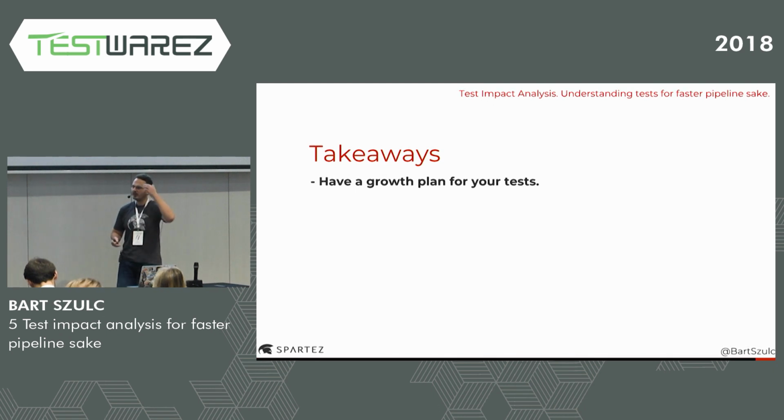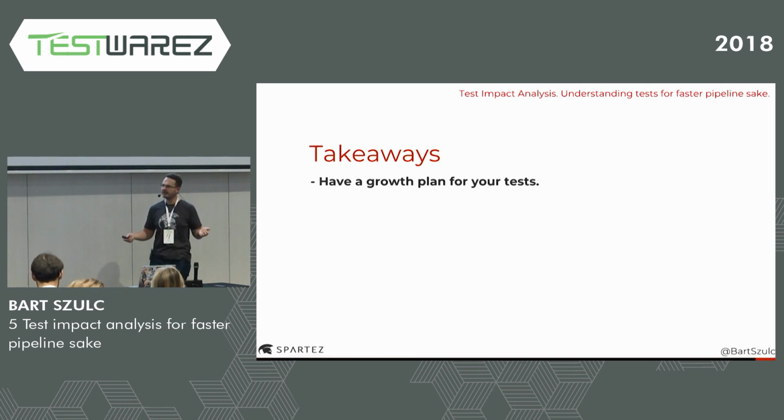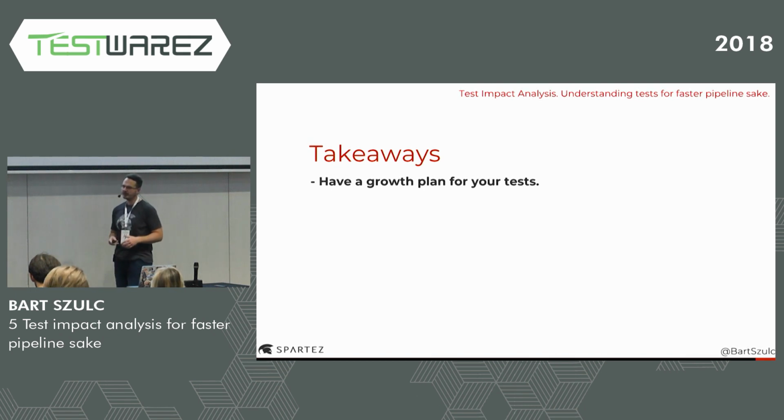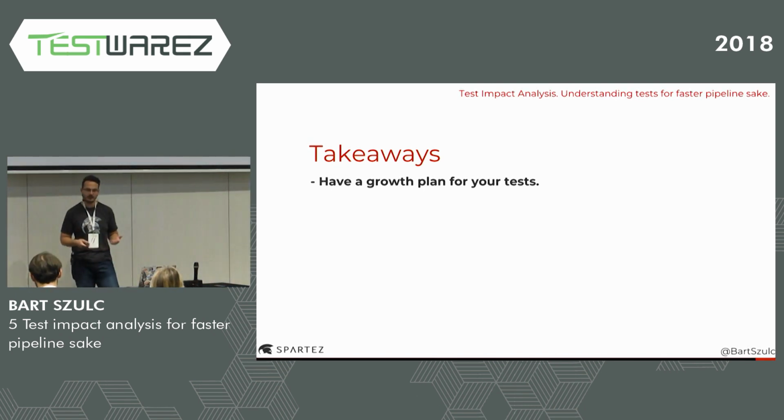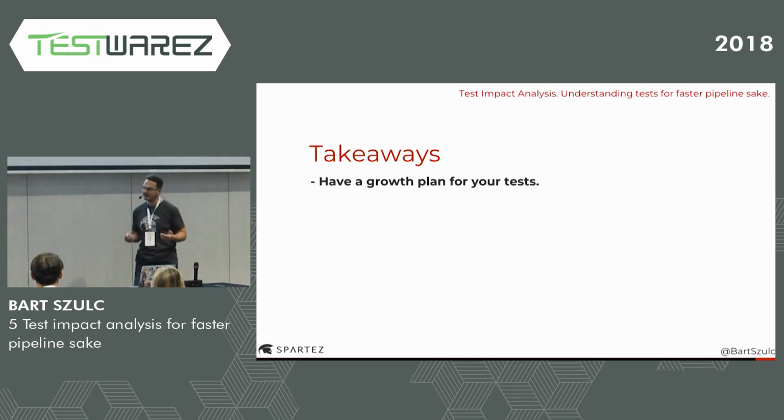If you right now have, I don't know, 1,000 tests, think what is going to happen if you will have 100,000 tests. How your execution time will change, what kind of problems it will cause, and who will be affected by those problems, because it's going to happen, but you will just need to wait some time for it. And you don't want to be in a situation where you need to react quickly, so just get prepared.